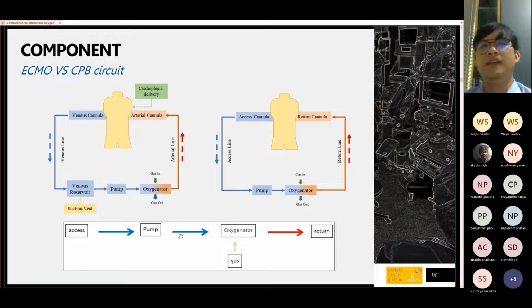So this is the direction of flow: from the access or venous cannula to the pump, which drives the blood to the oxygenator to make the exchange and turn the blue blood into red blood, and return it to the venous or arterial site through the return cannula.